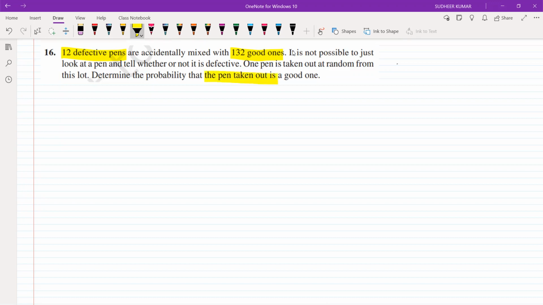The total number of pens is 132 plus 12, that is 144. They asked to find only the good ones, right? So first, you should take total number of pens, 144.